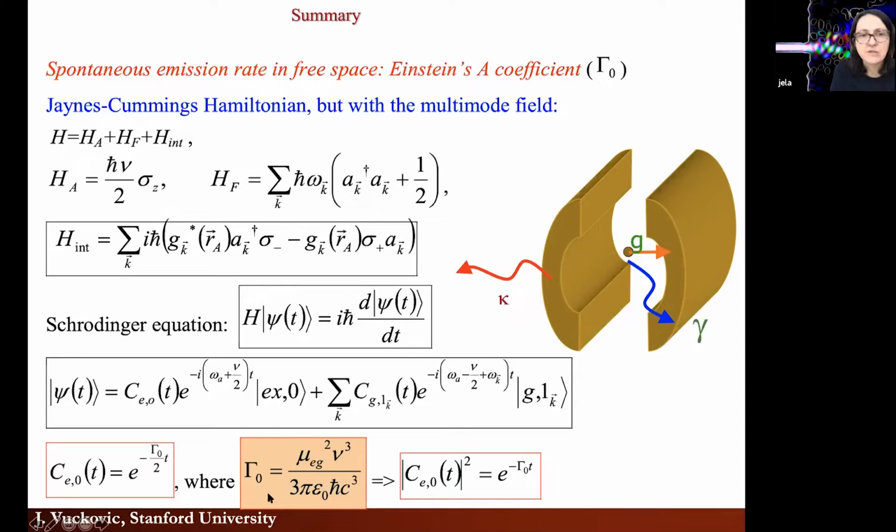And when you solve this, you observe that the probability of the system being in the excited state with 0 photons in all the modes would basically decay exponentially with the decay constant, which is given here with gamma naught, and that depends on the square of the atomic dipole moment between the excited and ground state.